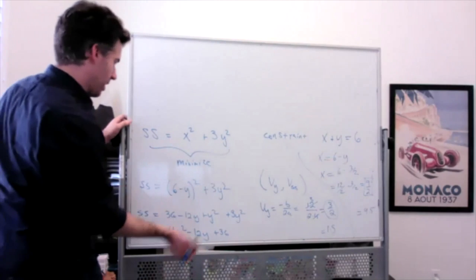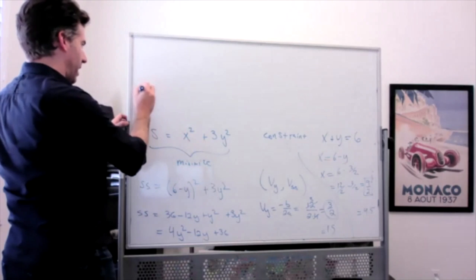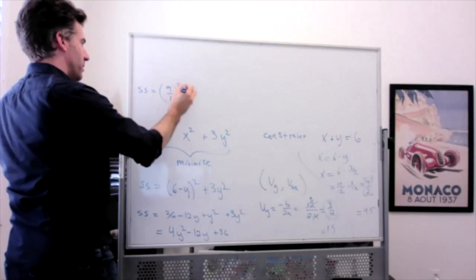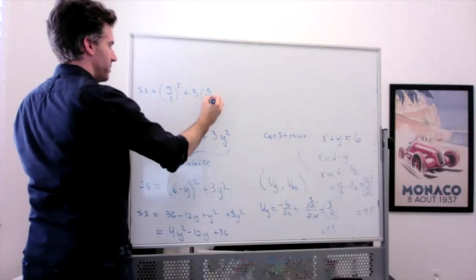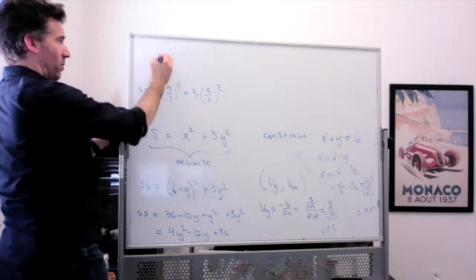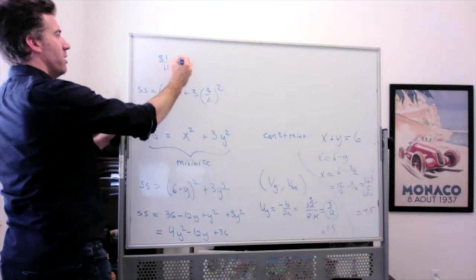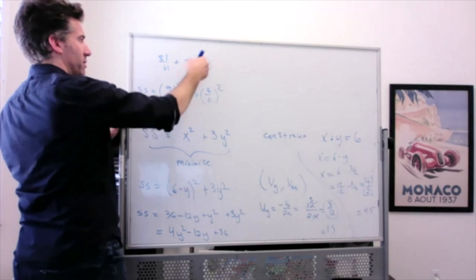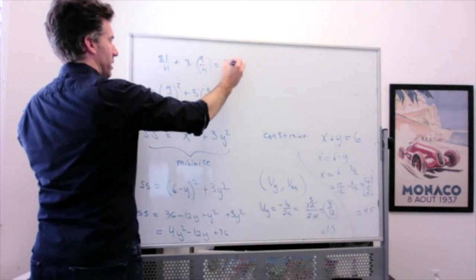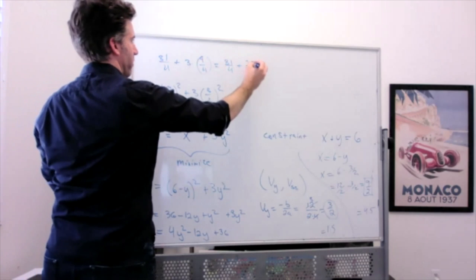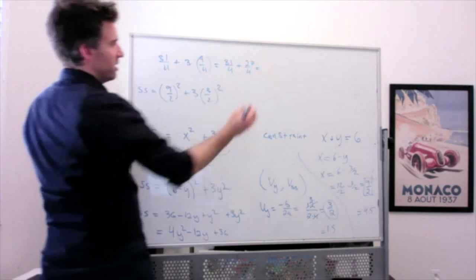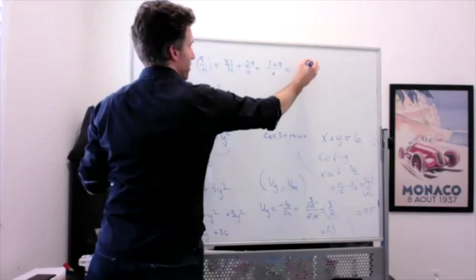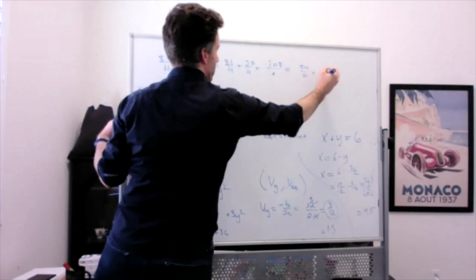We could say, okay, if I plug in x equal to 9 halves and y equal to 3 halves, I get 9 halves squared, which is 81 fourths, plus 3 times 3 halves squared, which is 9 fourths. 3 times 9 is 27. So I get 81 fourths plus 27 fourths, which turns out to be 108 fourths, which reduces to 54 over 2, which is 27.